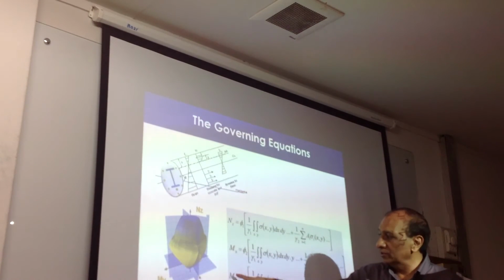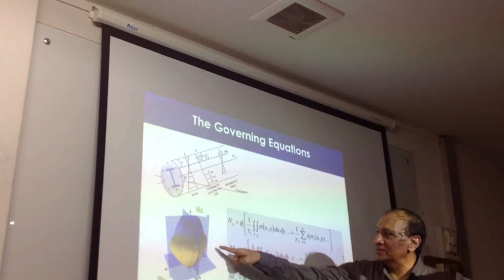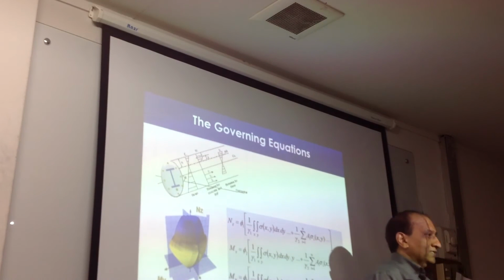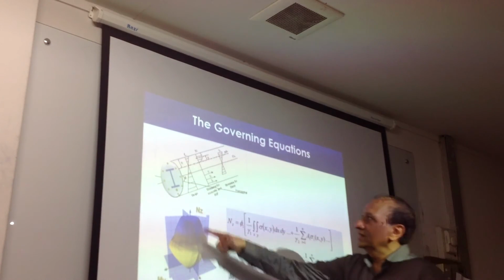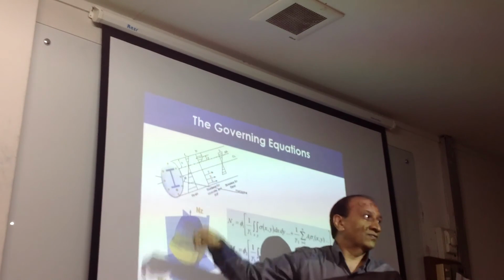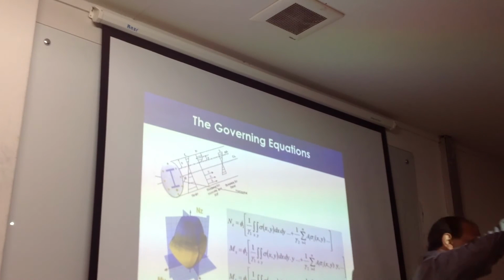So any combination of Mx, My, and Z which is inside is acceptable, and any combination which is outside is not acceptable, because that means the strain limits or whatever you set will be violated. So that becomes a failure controlling surface for that section.